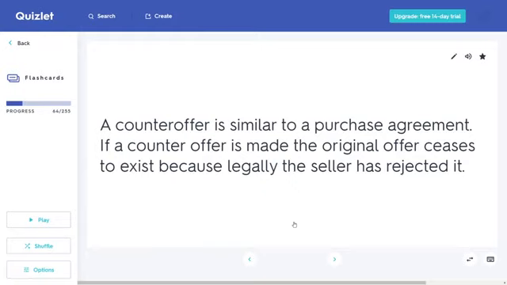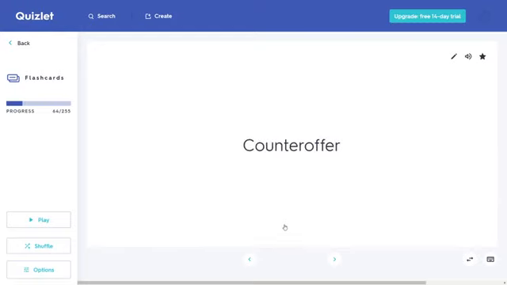So the key takeaway here is a counteroffer is basically a purchase agreement. However, when they make the counteroffer, the original offer ceases to exist because legally it is rejected. That's a key takeaway. Once you present the counteroffer, the original offer is no more.